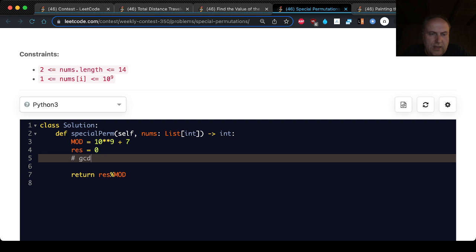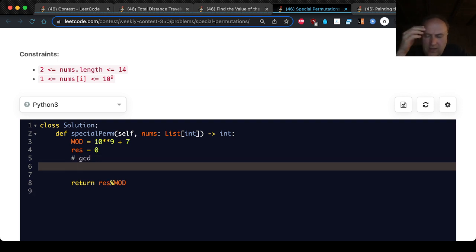So GCD, and then we take the smallest GCD that can be used as the connection. Oh no, it's a set problem.